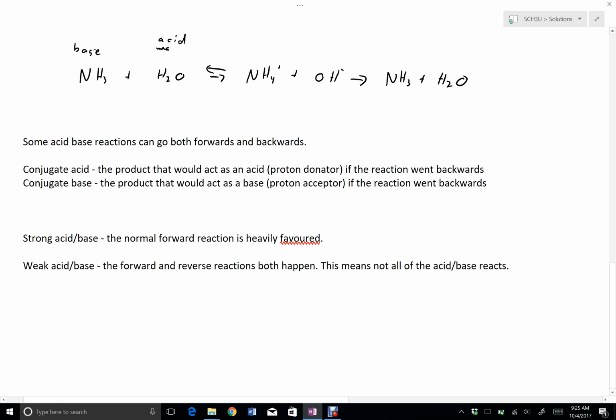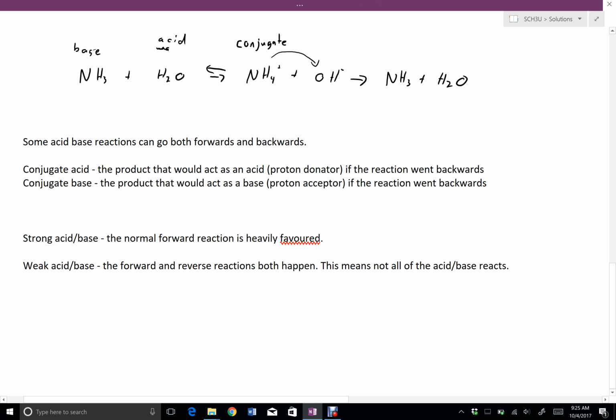Now, this NH4 plus has donated its extra proton back to the water to reproduce ammonia and water. Here, what was the base is now acting as the conjugate acid. We use the word conjugate because it's the reverse reaction. And here, what was the water or the acid is now acting as a conjugate base.